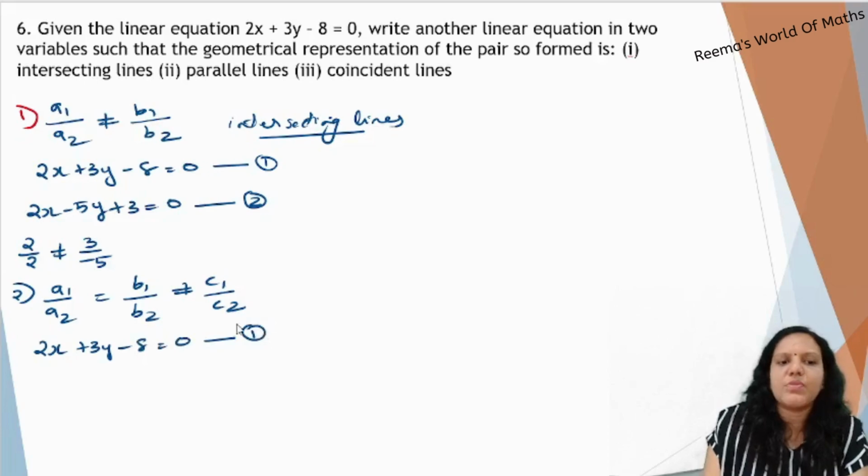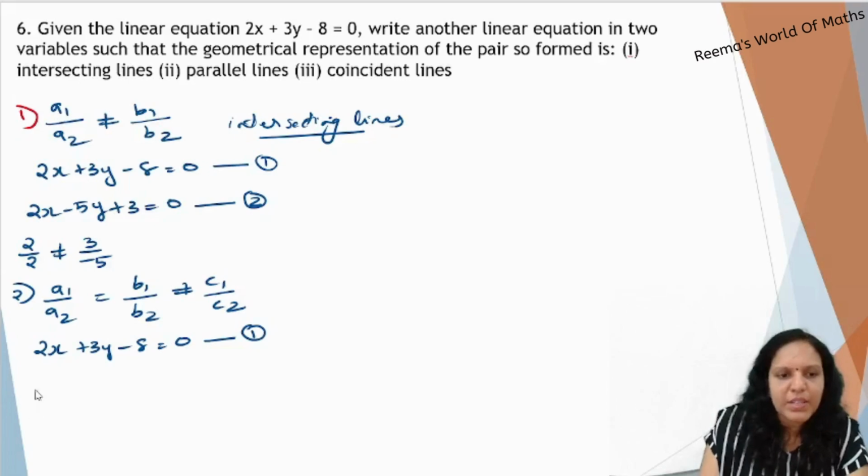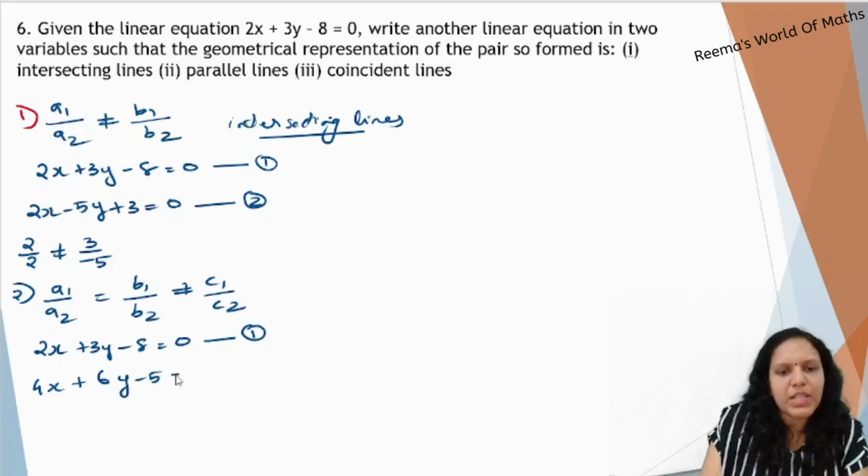Let's find another equation where we get a1 by a2 equal to b1 by b2. We can write 4x, taking the multiple by 2, plus 6y, minus 5 equals 0. So this can be another possibility where a1 by a2 is 2 by 4, which equals 1 by 2, and b1 by b2 is 3 by 6, which is equal to 1 by 2, and c1 by c2 is minus 8 by minus 5.